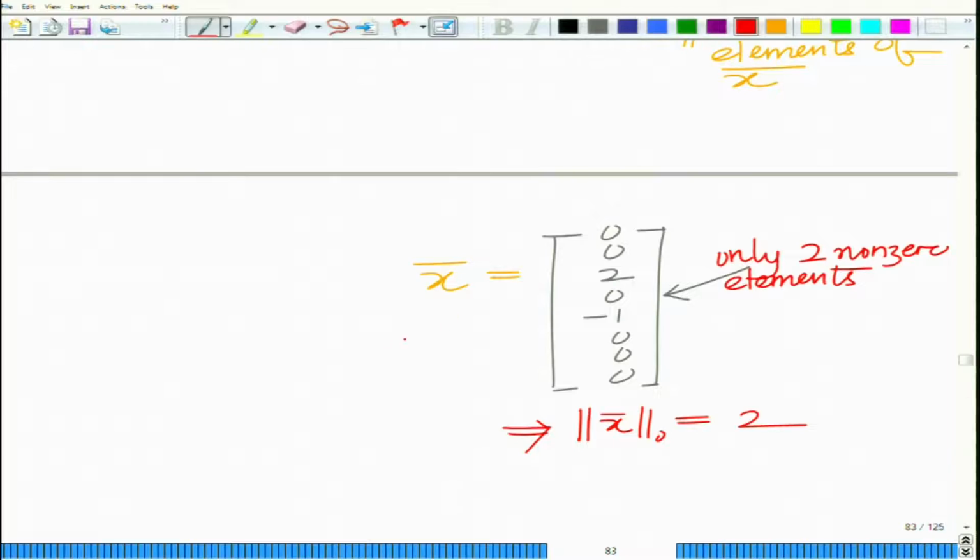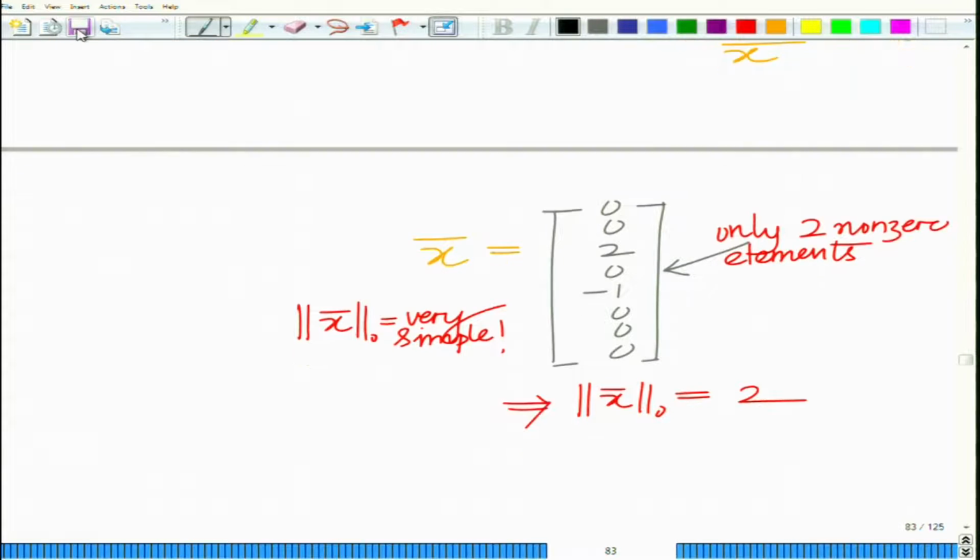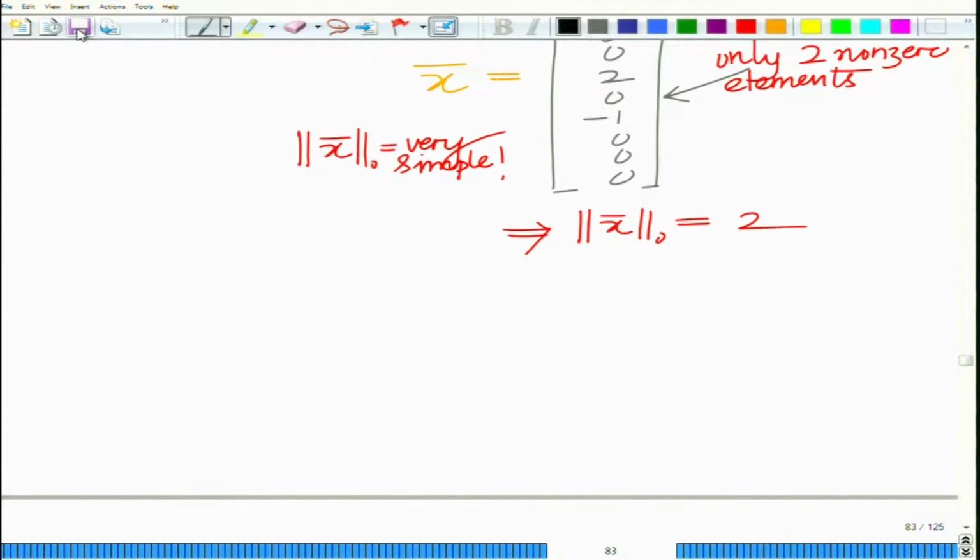The concept of the L0 norm itself is very simple, but there is a problem.